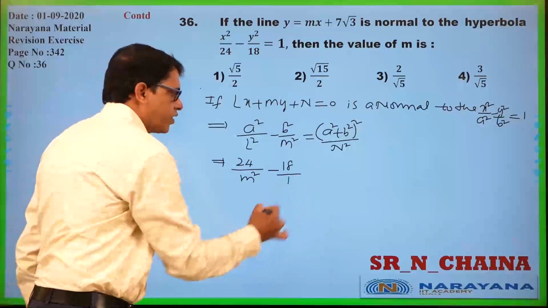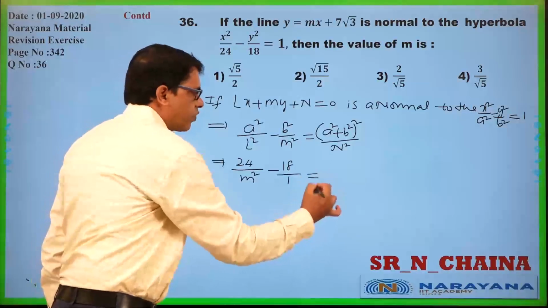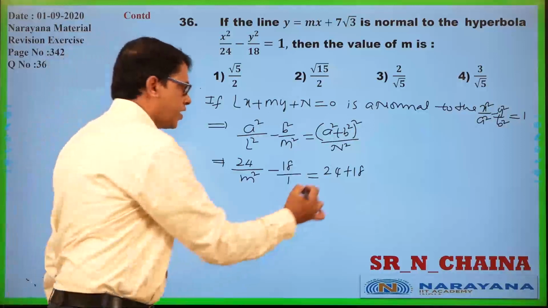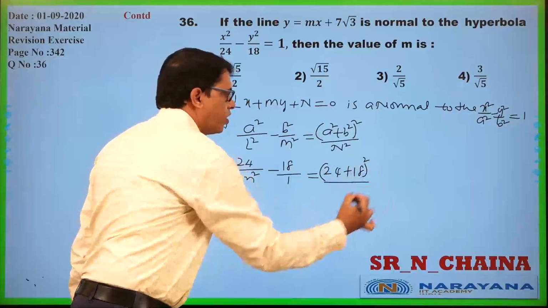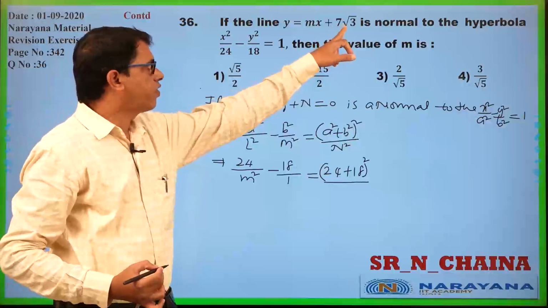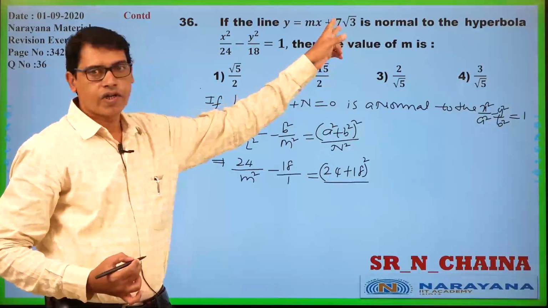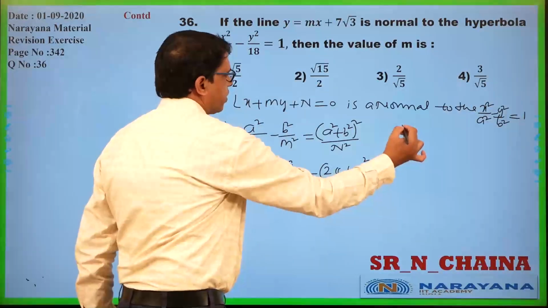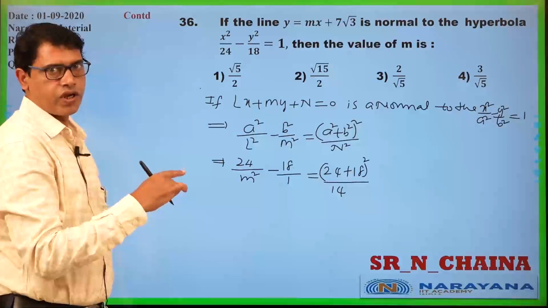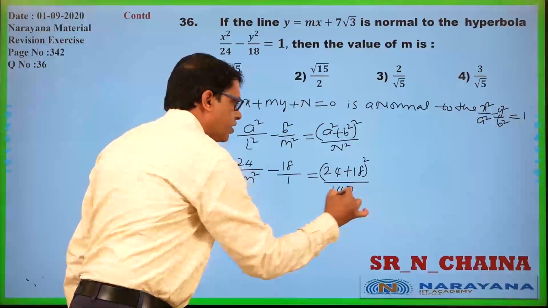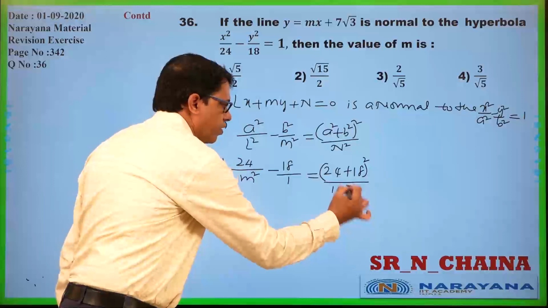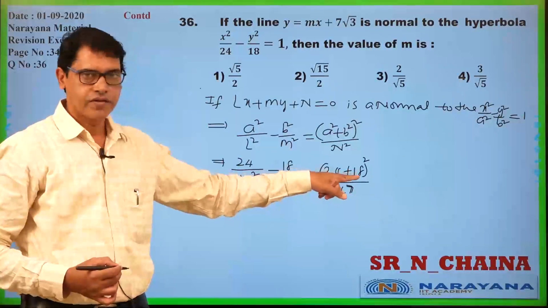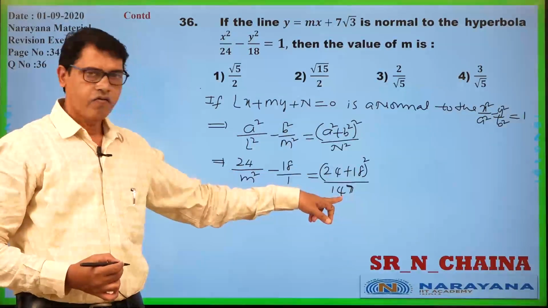N means 7 root 3. So 24 by L square minus 18 by minus 1 whole square, which is 1, equals a square plus b square, so 24 plus 18, whole square upon n square. N is 7 root 3, the square of this is 147. Now 24 plus 18, 42 square divided by 147.